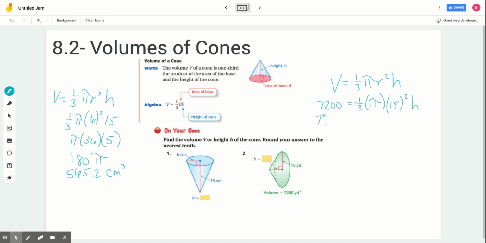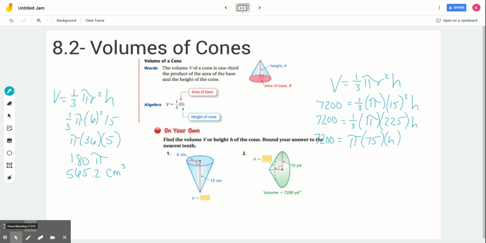So we can start by simplifying. 15 squared is 225 times the height. Now, 1/3 of 225 is 75. So we have pi times 75 times the height is equal to 7,200.